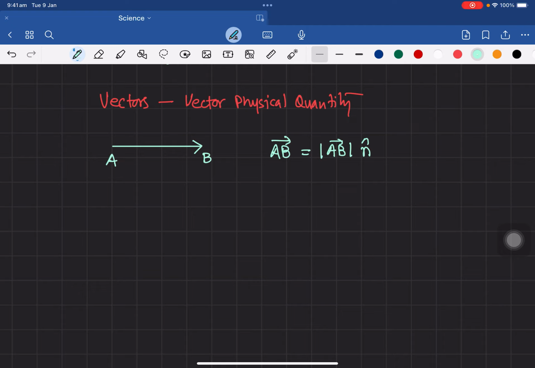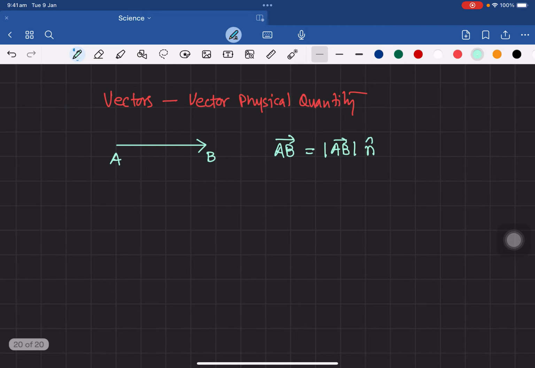Is this understood? Now, another way of writing a vector could be in some interesting ways. If this is a displacement, imagine a person moving from this place to this place, then you can write vector AB, if this length is, let's say, 5 meter, as mod 5 meter east. But in physics, because we are going to use geometry in calculations involving vectors, we have to find a way which is more mathematical, which will help you in doing mathematical operations.